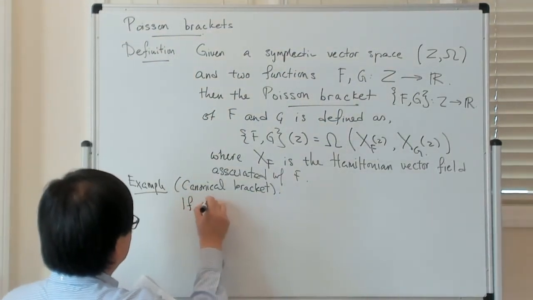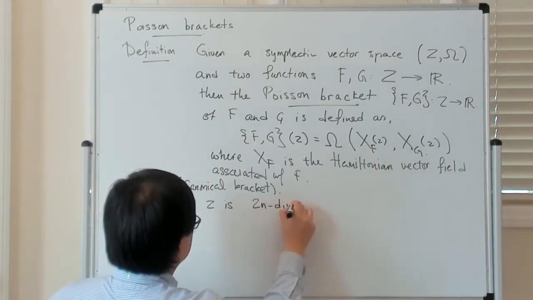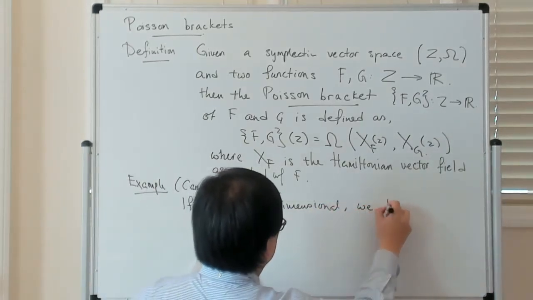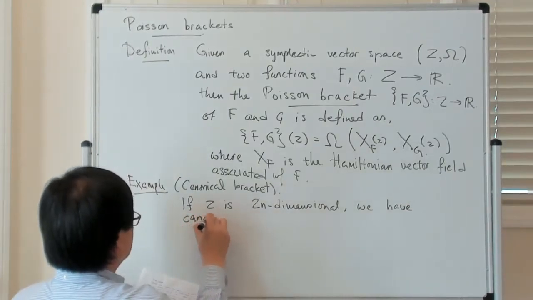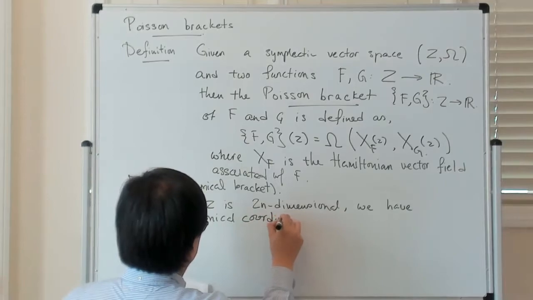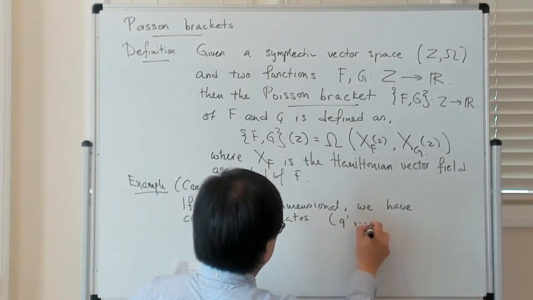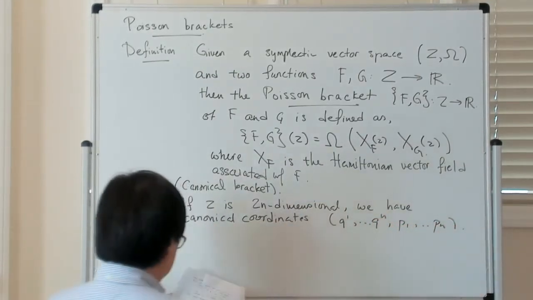If Z is 2n dimensional, we have canonical coordinates, let's call them q1 to qn, p1 to pn. That's quite natural.